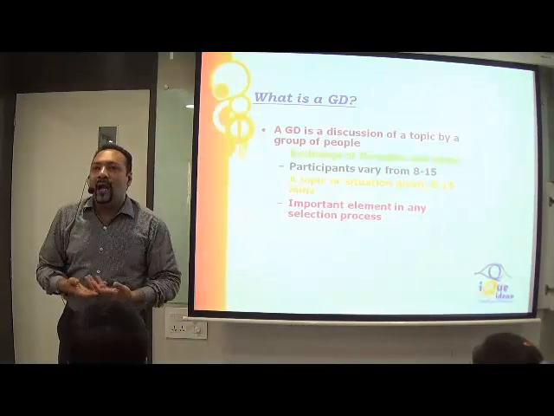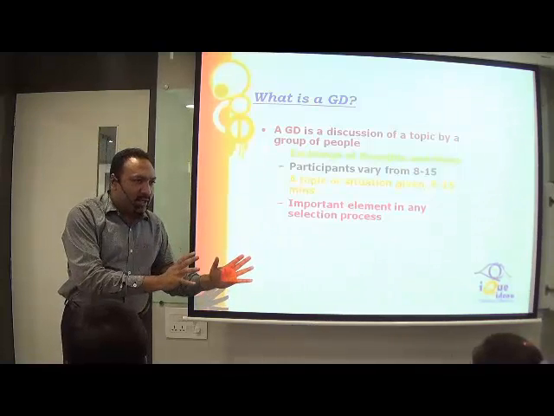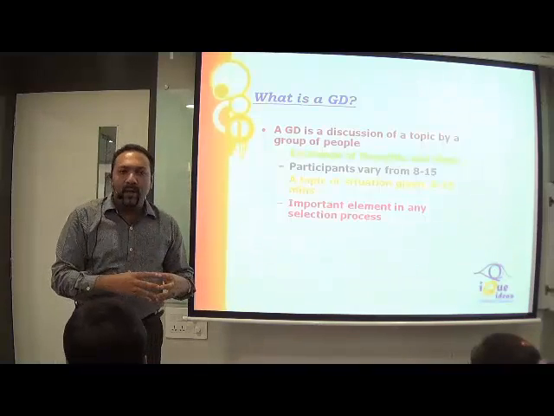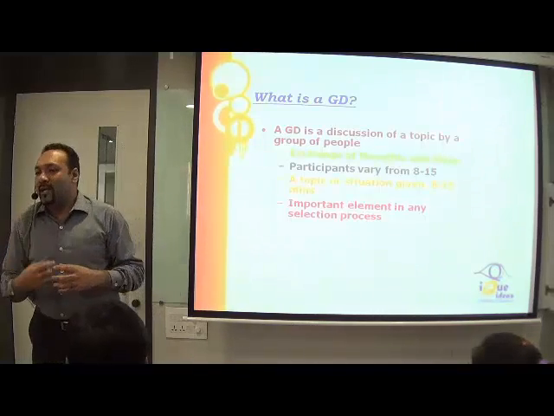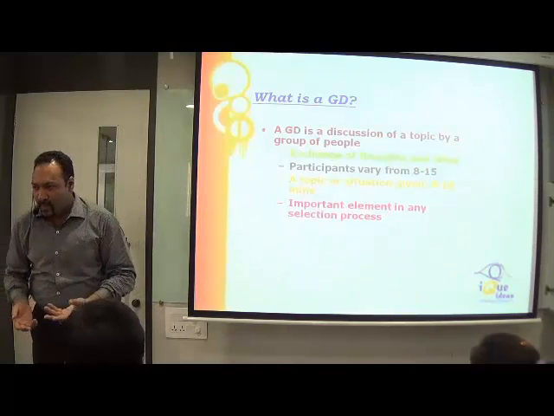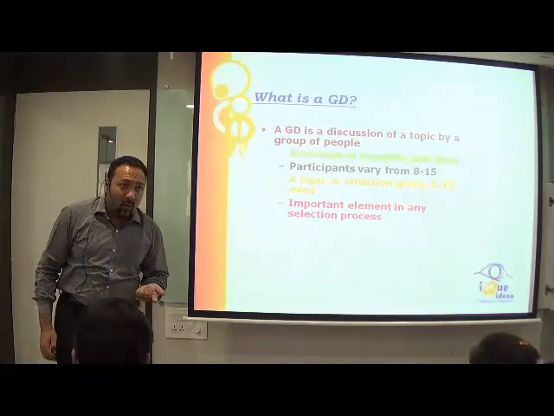Third thing beyond that would be interview, where after I have tested that you behave right with a particular group or within a group, I invite you for a one-on-one interaction where I try to learn and understand more about you. So this again may or may not be an elimination round.